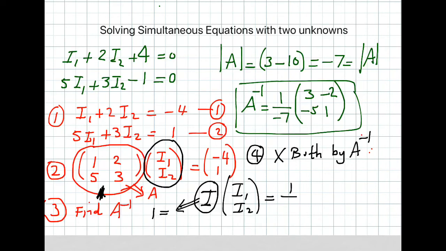What you get on the other side is the inverse, which is 1 over minus 7 times 3, minus 2, minus 5 and 1, times minus 4 and 1.